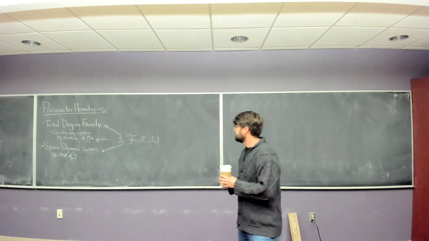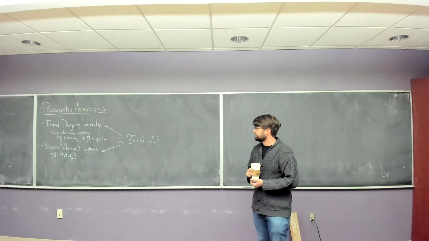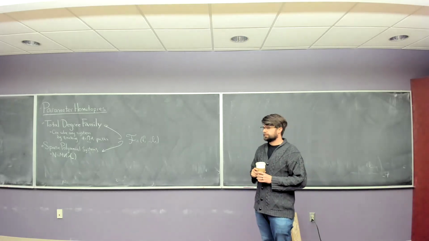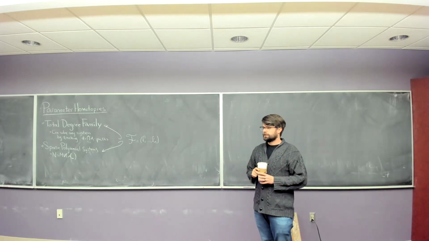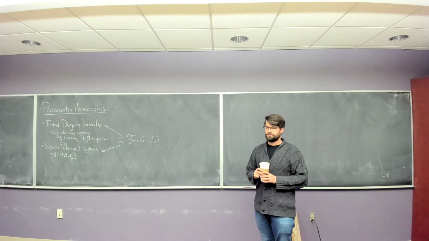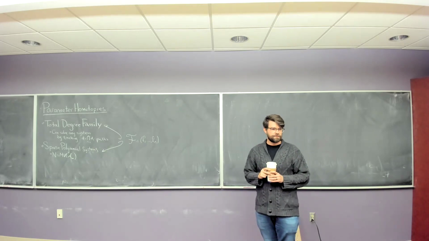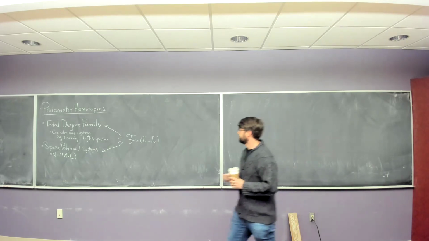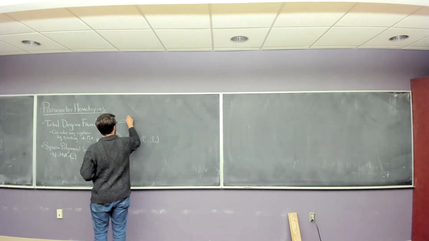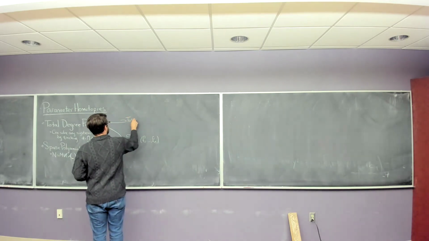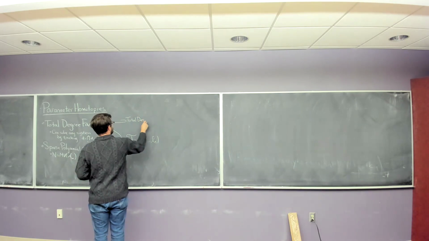Now, there's one big difference from an algorithmic point of view between these two families. The total degree family has an easy to solve system, which has the right number of solutions. Inside here is the total degree start system.